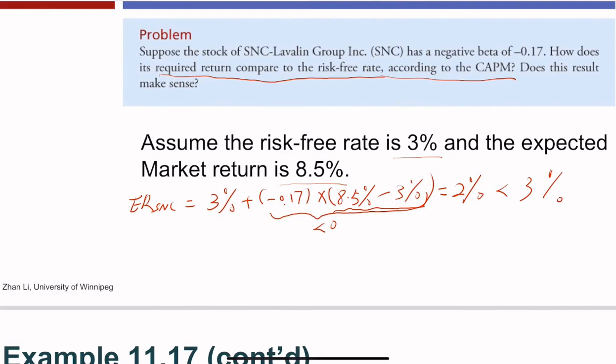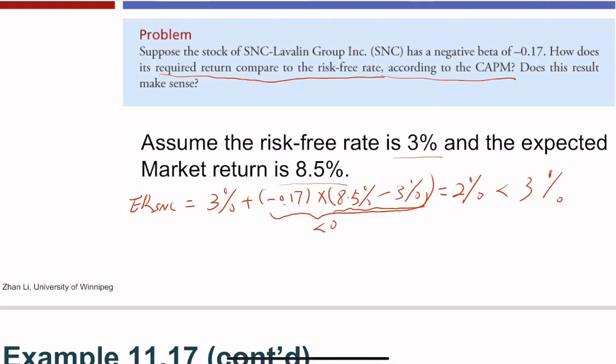Why would this happen? Well, if it has a negative beta, intuitively you can consider that this stock has a negative correlation with the market. It basically means that if the market drops, S&C's stock will increase. So the implication of this price behavior is that S&C stock serves as insurance for the market portfolio.